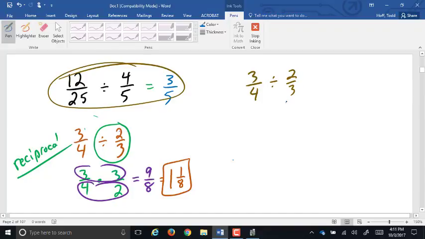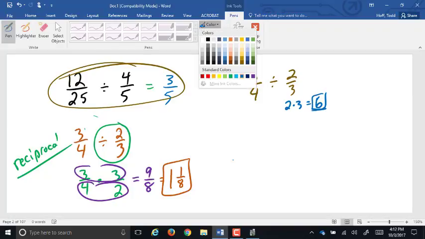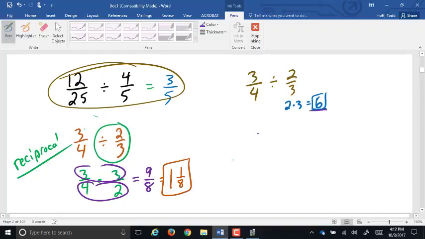So then we would have multiplied the numerator times the denominator. 2 times 3 is 6. We would use that 6 to rename the first fraction. So 3/4 would be multiplied by 6 over 6. What is 3 times 6? 18, and 4 times 6?